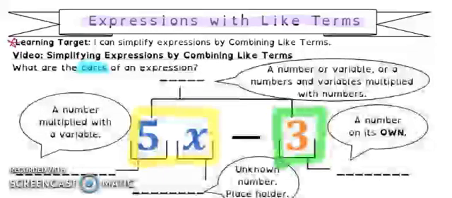So these things are a number or variable, or numbers and variables that are multiplied together, and we call them terms.